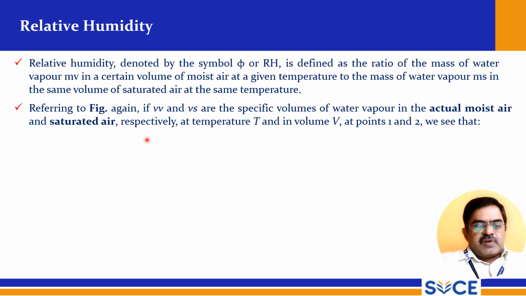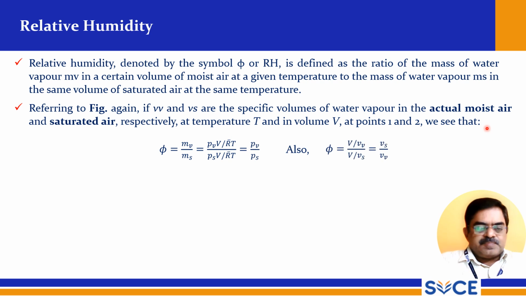Referring to the same figure that I have shown you earlier, Vv and Vs are the specific volumes of water vapor in the actual moist air and saturated air respectively at a temperature T and in volume V at points 1 and 2. We see that phi equals mv by ms. Using the gas equation, mv is Pv V by RT and ms is Ps V by RT, so that becomes Pv by Ps.